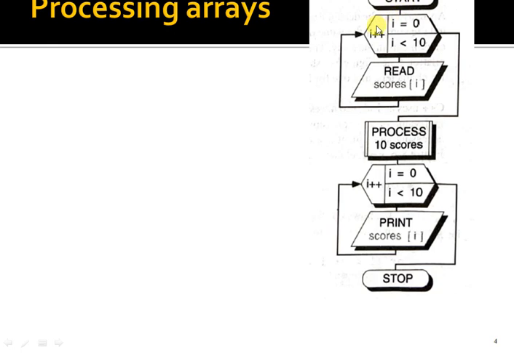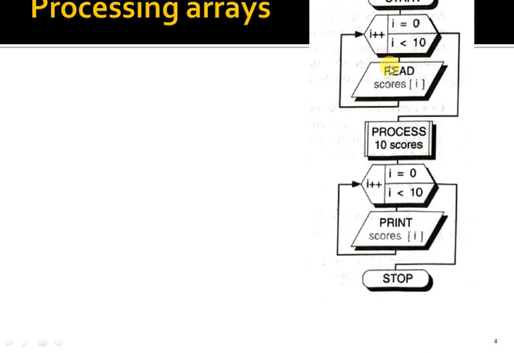You can use a for loop or a while loop. Let's suppose I is initialized to 0, I should be less than 10, and I plus plus. The index starts from 0, and since it's less than 10, it will end at 9.